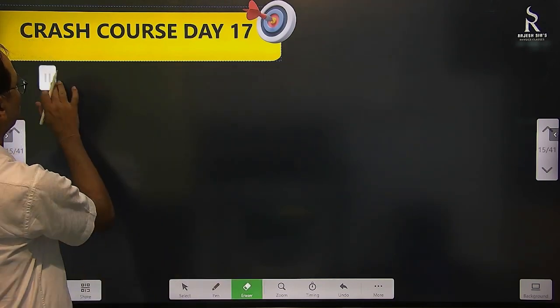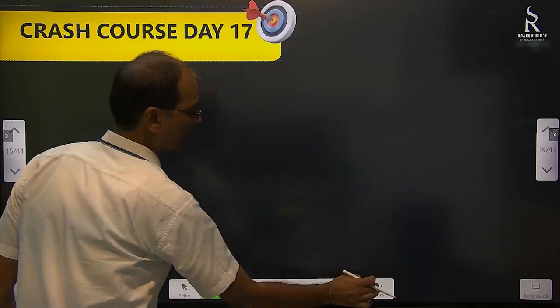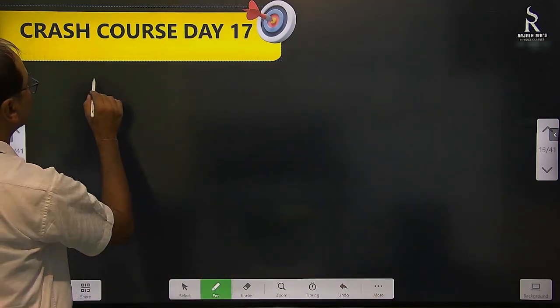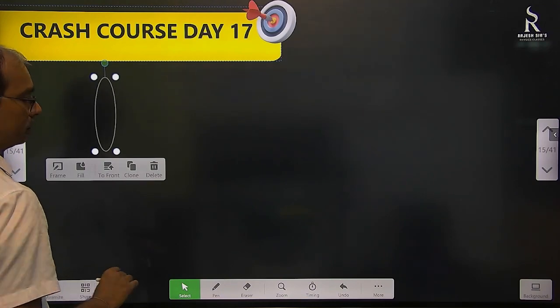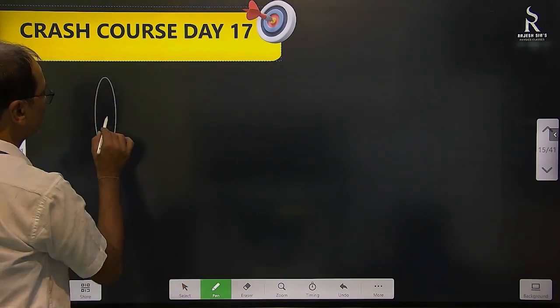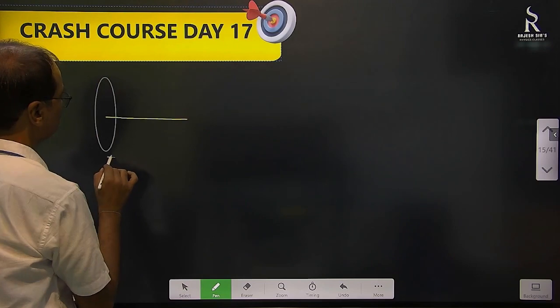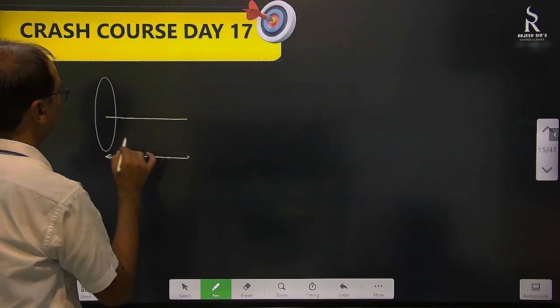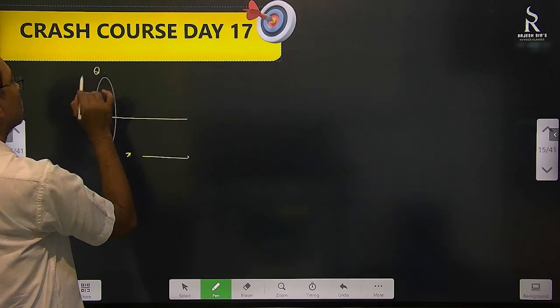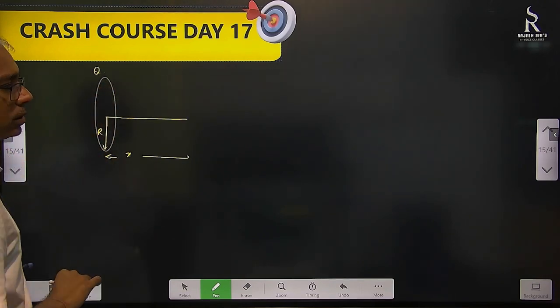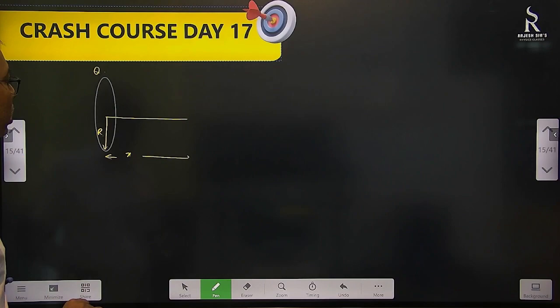So the ring is here, uniformly charged. How much is the electric field intensity going to be at distance x, and what will be the direction?